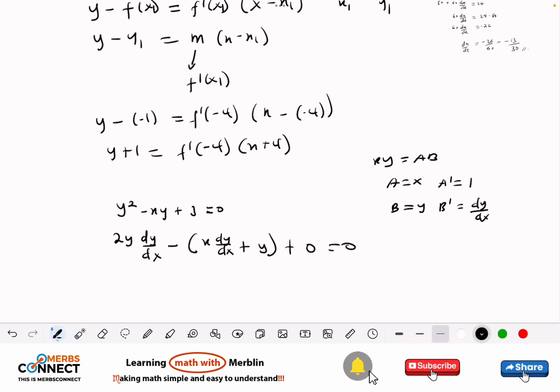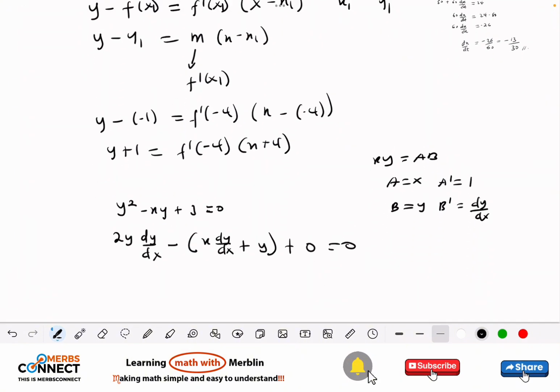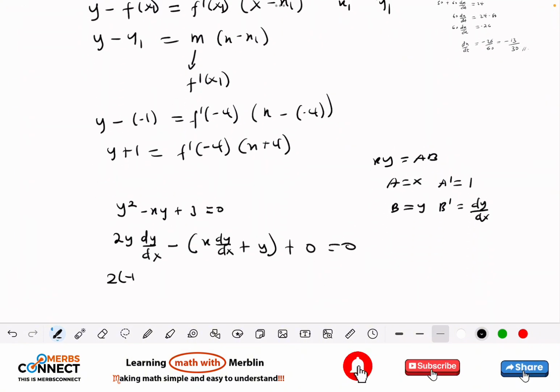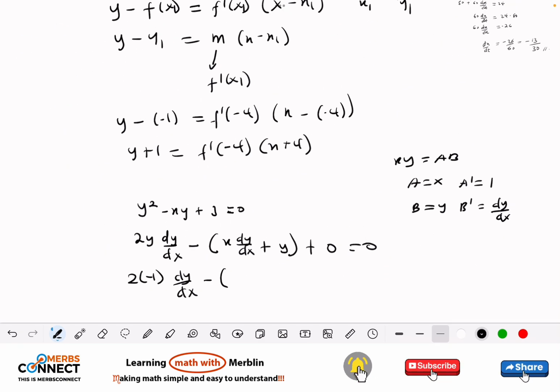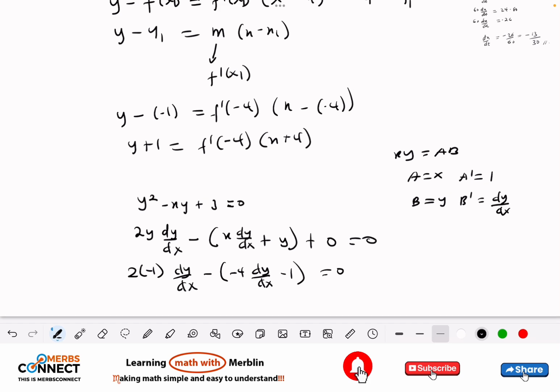So x is minus 4, y is minus 1. So 2 times minus 1 dy over dx, minus x is minus 4 dy over dx, then y is minus 1, which is equal to 0.